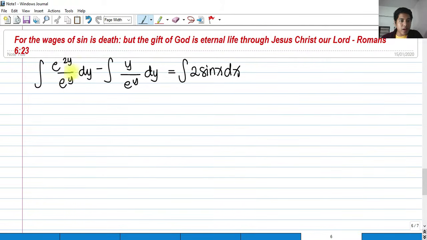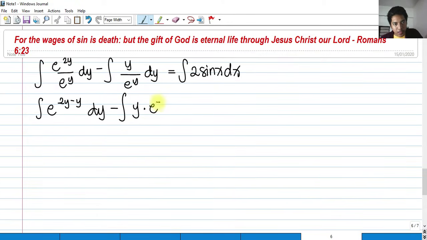We can simplify this further by properties of exponent. So we can rewrite this as e raised to 2y minus y dy, minus, and this one, I can bring this up by negating its exponent, we have y multiplied by e raised to negative y, and we have dy here. And we can factor out 2 outside of the integral sign because that is a constant. We have sine of x, we have dx.